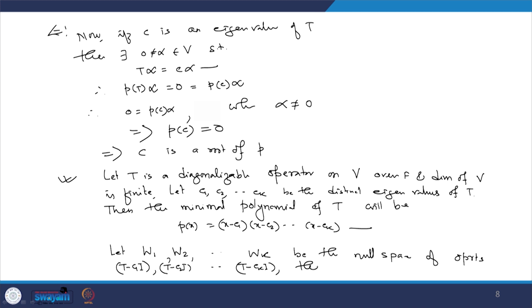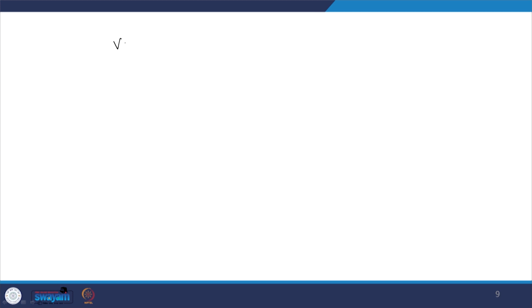Then V equals W1 plus W2 plus ... plus Wk, and any element alpha belonging to V is written as beta1 plus beta2 plus ... plus betak.